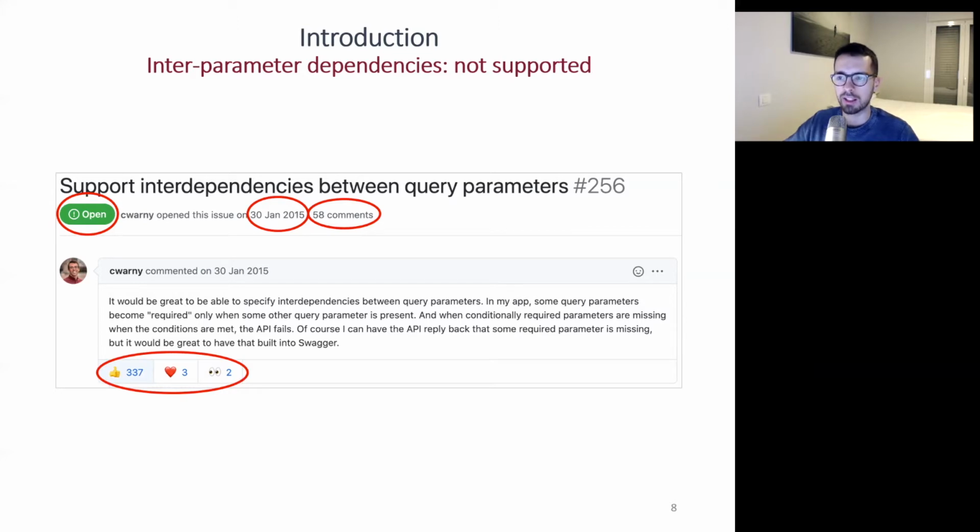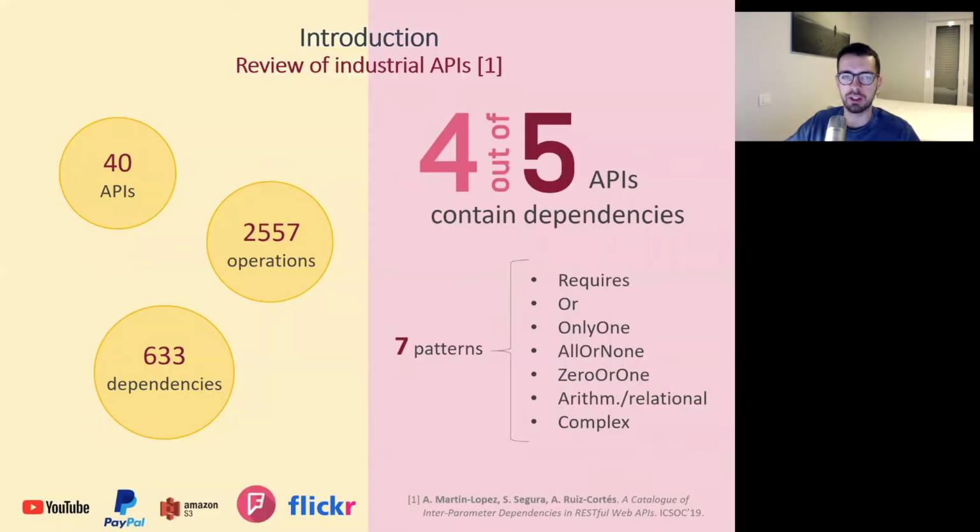So when we realized about this problem, we wanted to see if this was recurrent or not, if this was common or not. So that's why we reviewed a set of industrial APIs, so 40 APIs in total and 2,600 operations, and we found more than 600 dependencies.